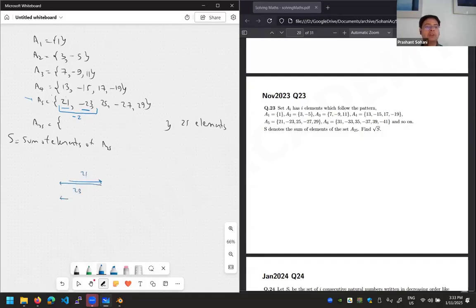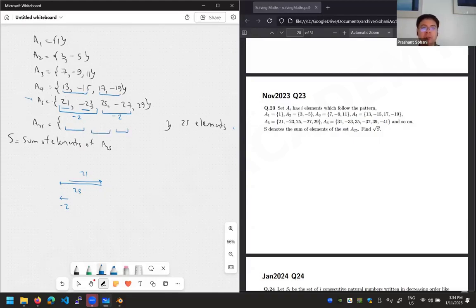So the net displacement is -2. And that is going to happen with every pair. Like this pair again, 25 minus 27 is -2. So every pair is giving an answer of -2.